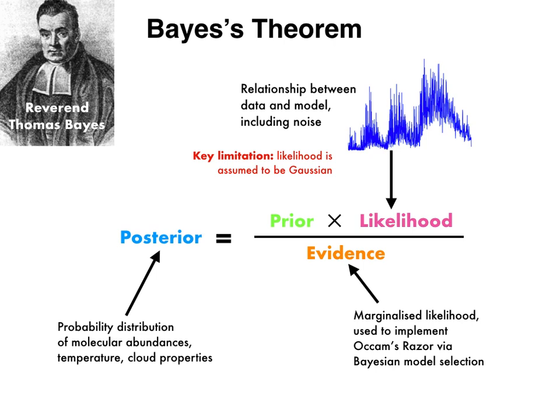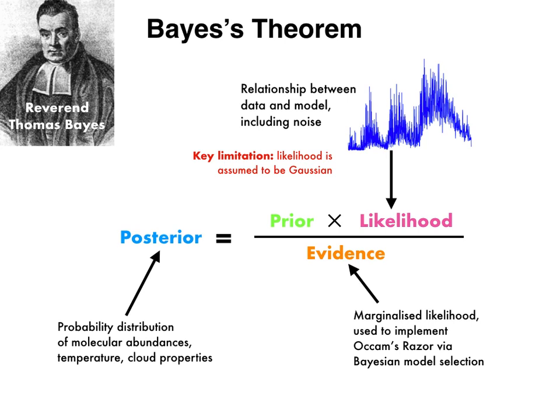So it's the probability distribution, in our case, of atomic or molecular abundances, the temperature, cloud properties, and so on. And this is a function of our prior beliefs on these parameters, multiplied by something called the likelihood, which I will describe in a moment, and divided by the Bayesian evidence, which we just spent a lot of time discussing.